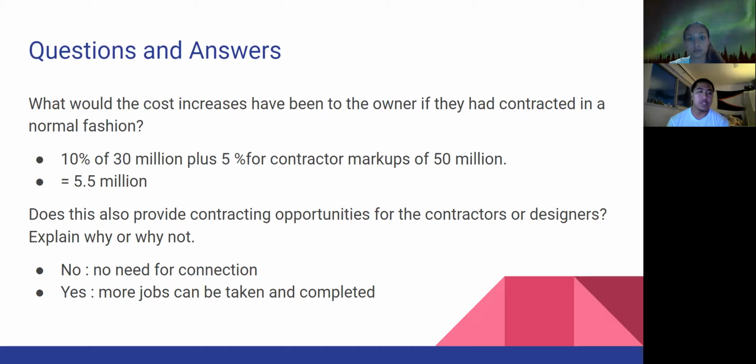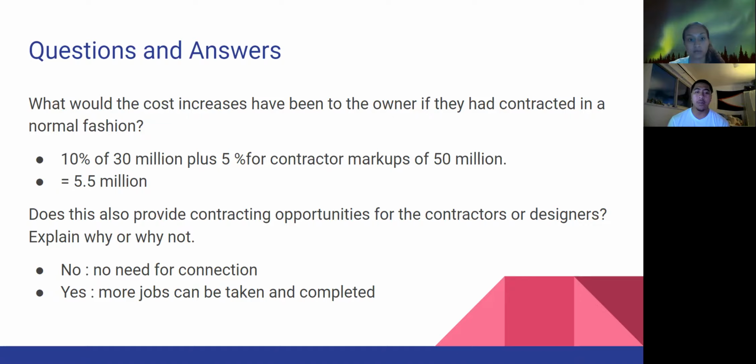So back to the questions. What would the cost increases have been to the owner if they had contracted in a normal fashion? If you refer back to the numbers, there would be a 10% markup if the subconsultant went through the architect and then to the owner, and that 10% will be of the $30 million of the work that he has designed, plus a 5% for contractor markups of the $50 million, which would be the total cost.